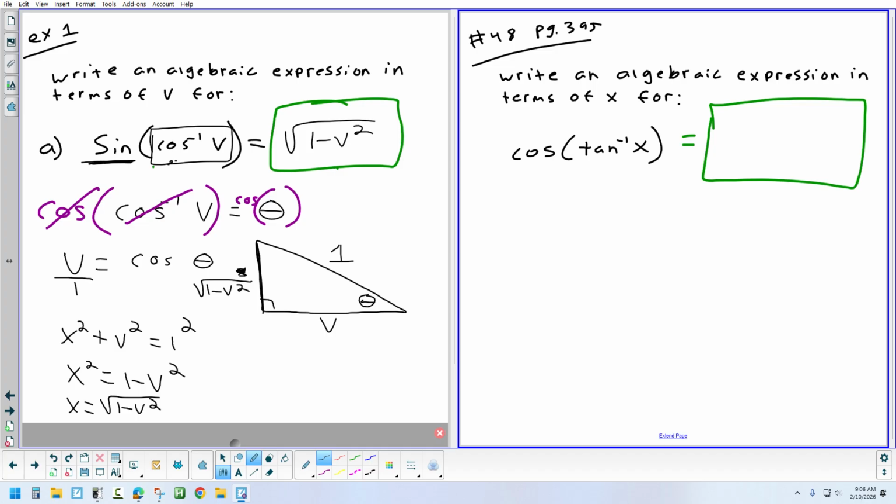All right, which function do I start with here? The inner or the outer? Yep, start with the inner function. And I know that that inner function is what kind of trig?